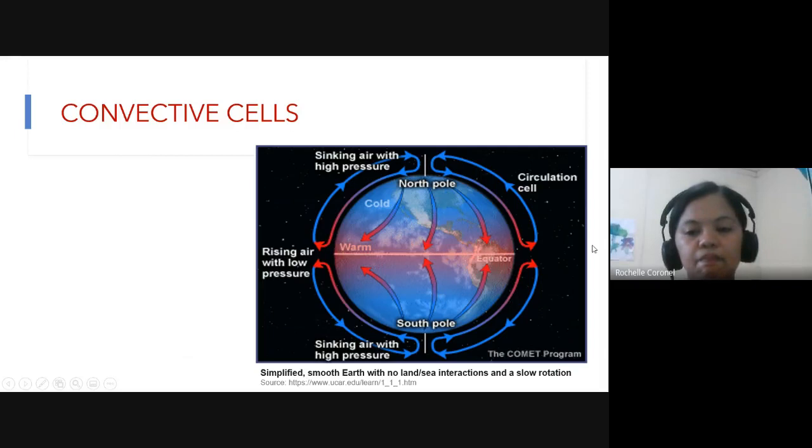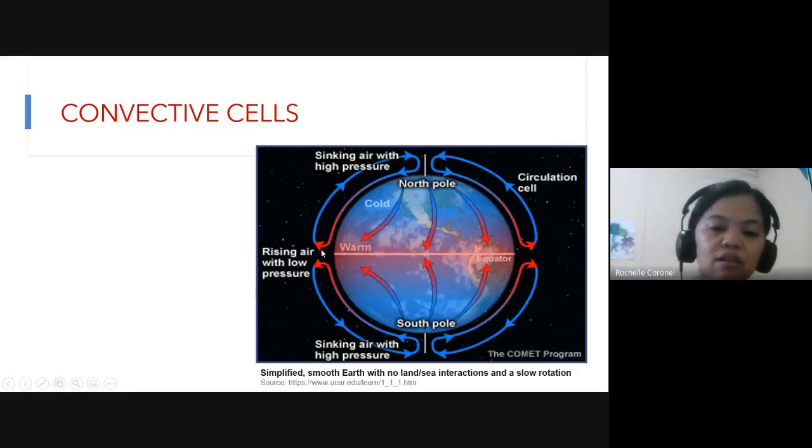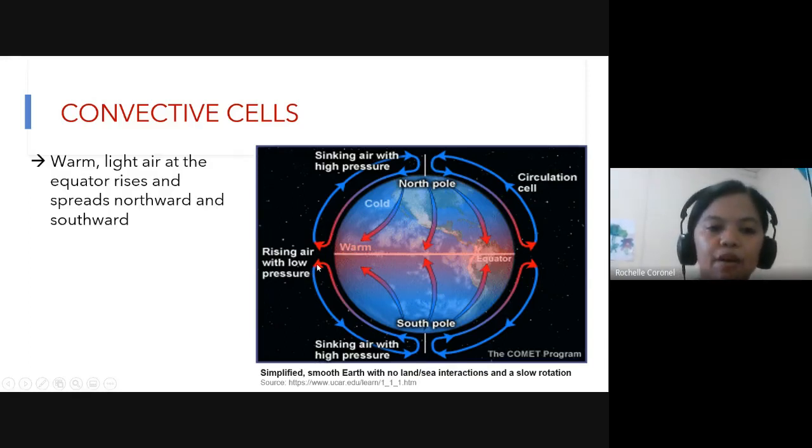Basically, you have differential heating. It's warmer at the equator and colder at the higher latitudes. So there's warm air here, and cold air surrounding it. The tendency is that there will be low pressure areas there, and air will rise in a low pressure area.